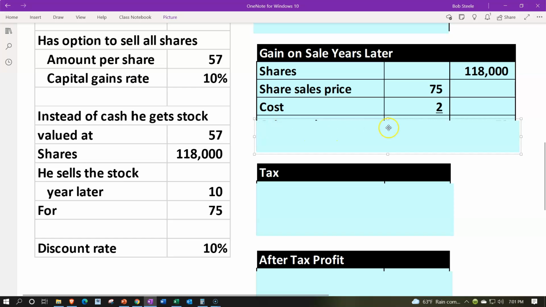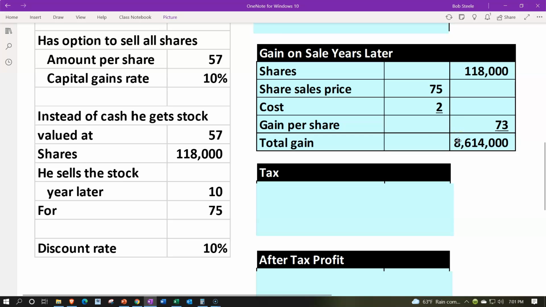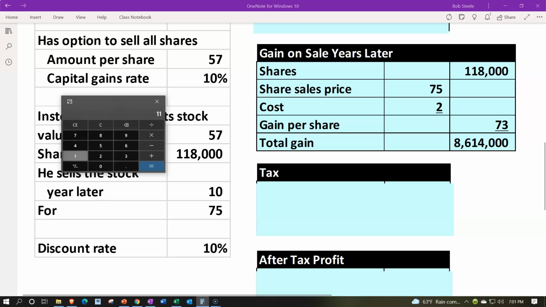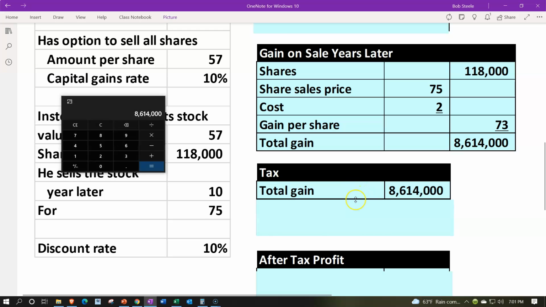So we're going to say the cost is still 2. And then the gain per share would be 73 per share. So 118,000 times 73 would be our calculation here, giving us the 8,614,000.